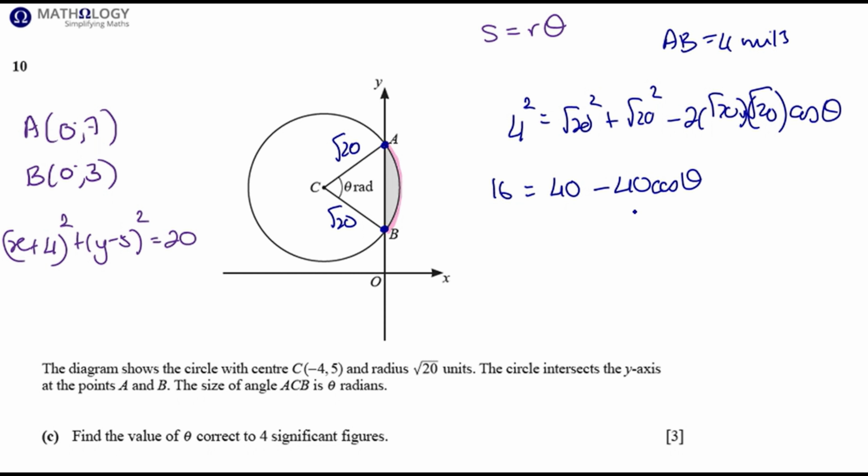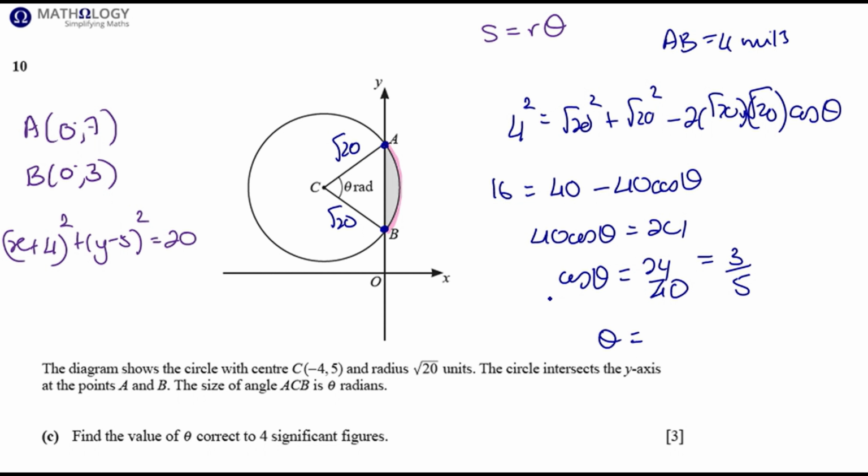So 16 equals 40 minus 40 cos theta. 40 cos theta equals 24. So cos theta is 24 over 40. It's going to be 3 over 5. So theta will be, in radians, shift cos 3 over 5. Theta is 0.9273 radians.